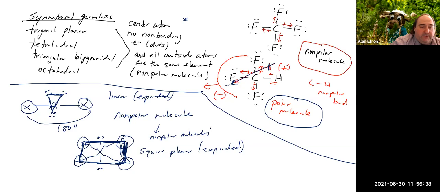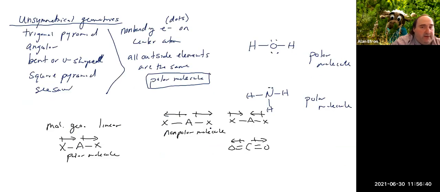And that then goes with our unsymmetrical geometries, where if you draw the Lewis structure and you see dots and everybody's not the same on the outside, it's a pretty safe bet that it is going to be a polar molecule overall.